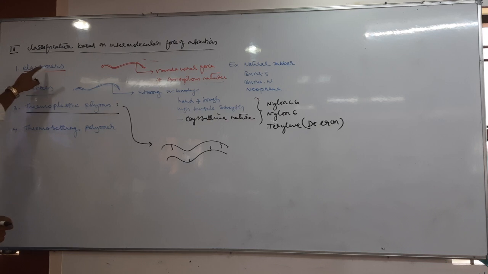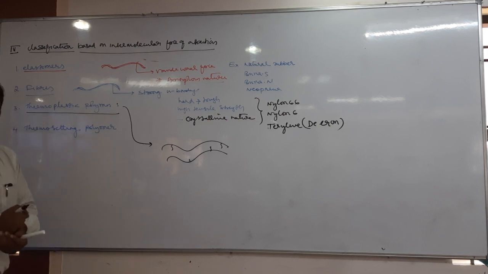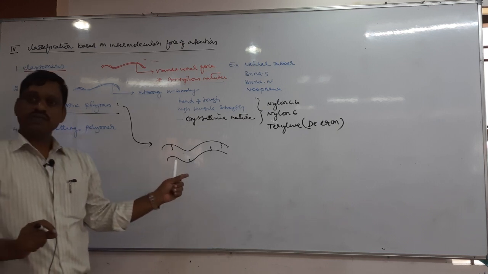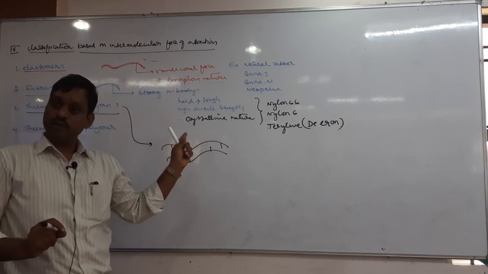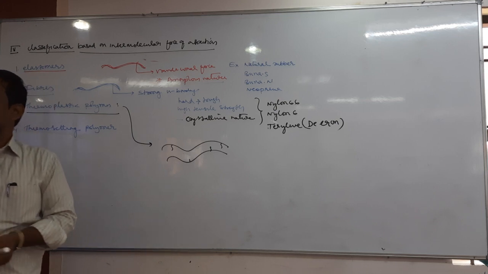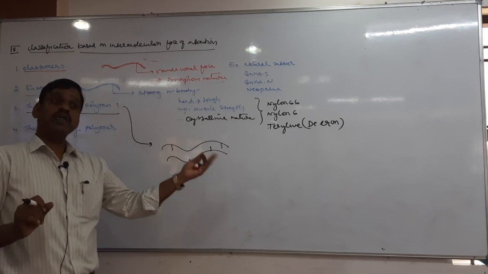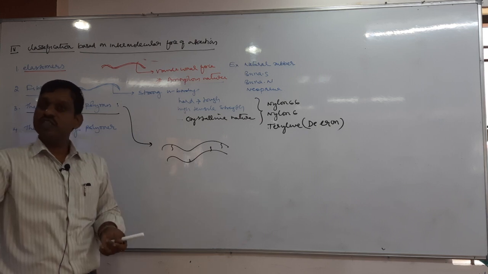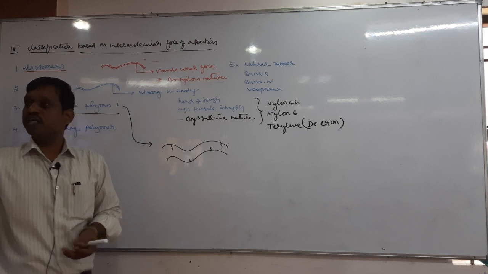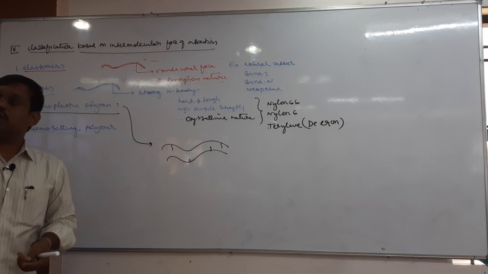That means it is stronger than elastomer, weaker than fiber. But one important property is these polymers become soft on heating and hard on cooling. For example, polythene becomes soft on heating and hard on cooling.